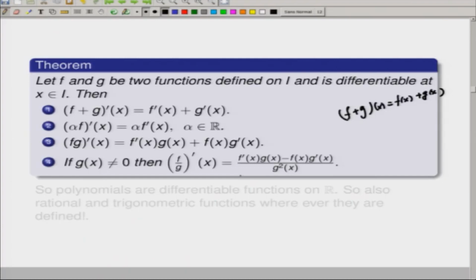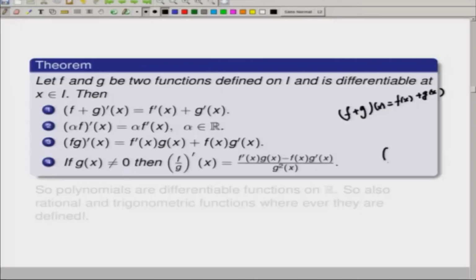Now, g is a continuous function. If g of x is not equal to 0, either it is positive or negative, then there will be a neighborhood around x in which g is not zero. So, I can find some delta such that in the interval x minus delta to x plus delta, g of y is not equal to 0.